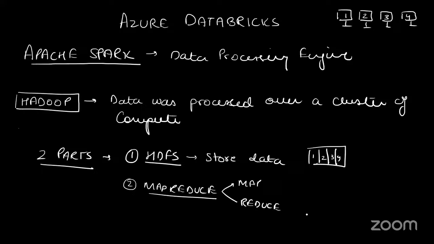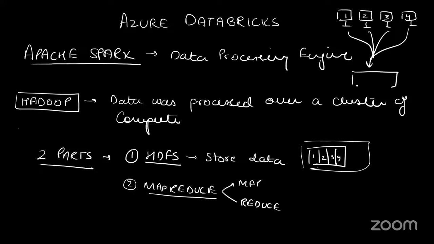The map function would break down the data into smaller parts and process them in parallel on a cluster of compute. And the reduce function would take individual results from all of these nodes in the cluster and put your data back together. It will combine the results from the map phase into a final output.